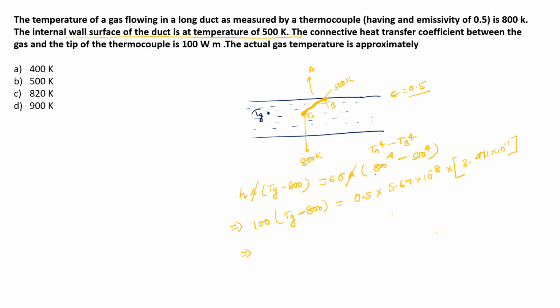Okay, so this implies 100 Tg minus 800 is equal to, so Tg is 898.40 Kelvin.